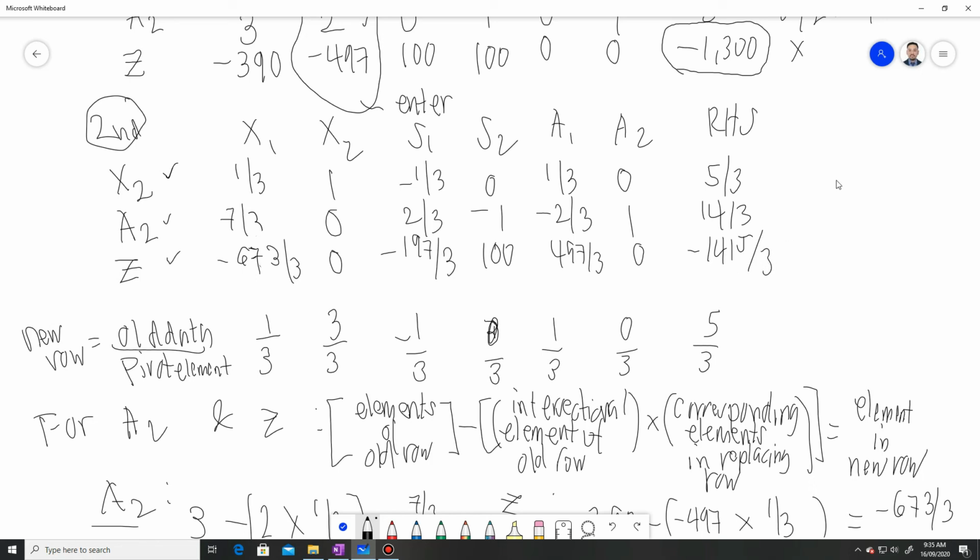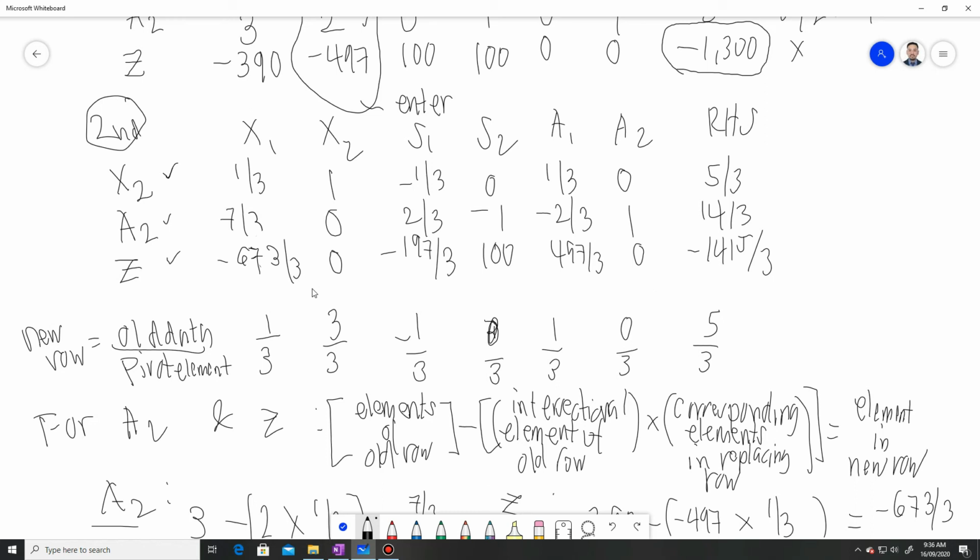Okay, now again we will check if it is optimized by referring to the z row. If it has negative values, it is still not optimal. We have not yet arrived at the optimal value.